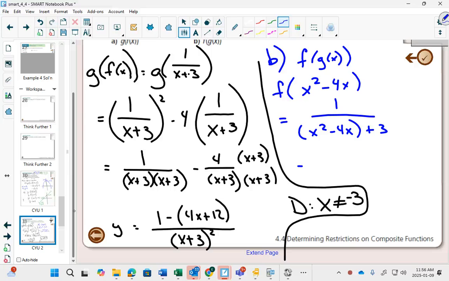I could take the bottom there and factor that to be x minus 3, x minus 1. And it's really interesting because the domain of this one is that x can't equal 3 and x can't equal 1. Totally different. Two things that are not allowed.